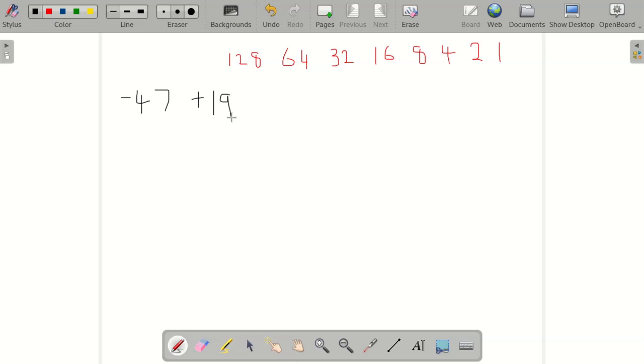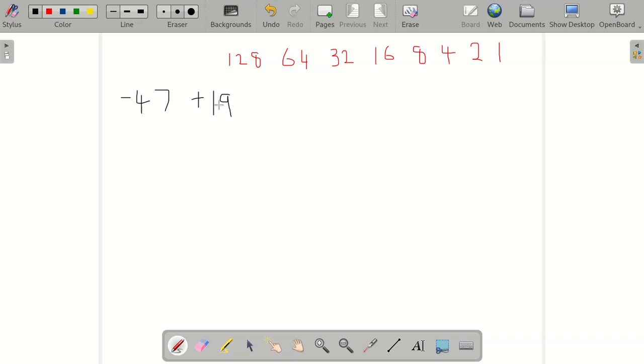One thing we need to understand about 2's complement or 1's complement, any complement, 1 or 2, is that the only number which is affected is the one having a negative. In this case 47 is having a negative, so 47 is affected.